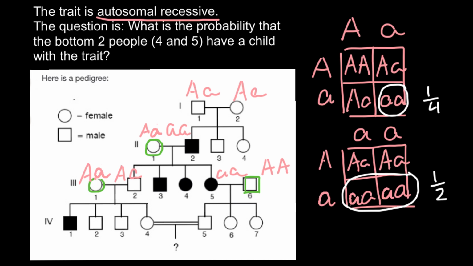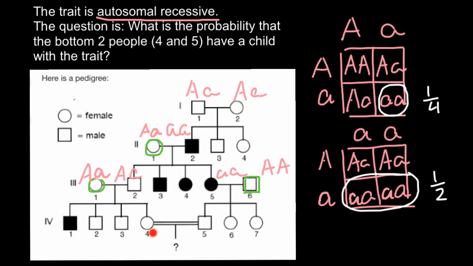So what is the probability that person number 4 is a carrier also? Because only 2 phenotypically normal people who are carriers can give progeny who are going to be affected with this genetic disorder. Because if these 2 parents were phenotypically and genotypically normal, there is no way they would get affected progeny.